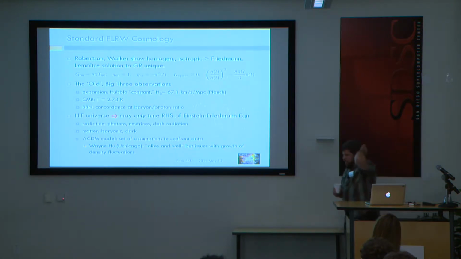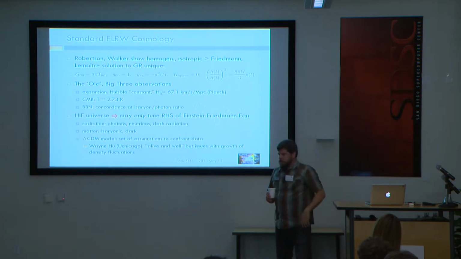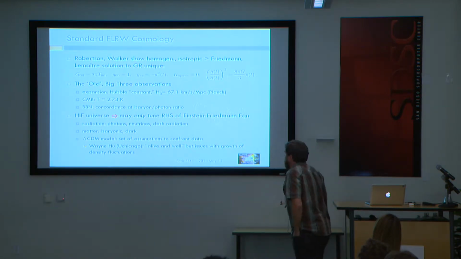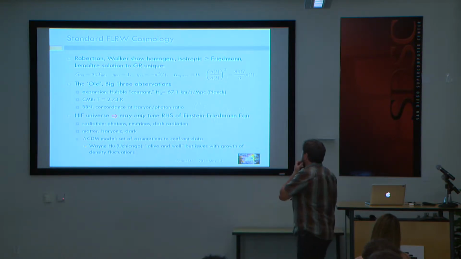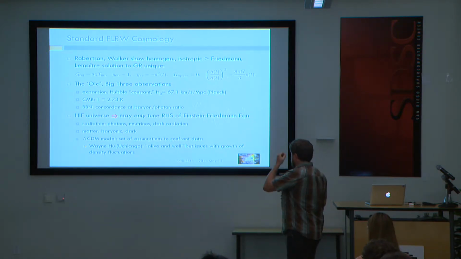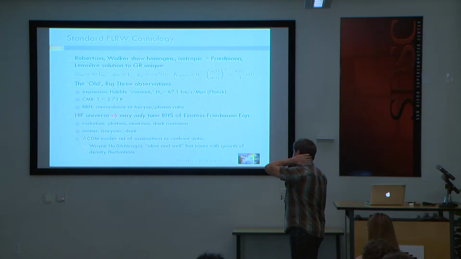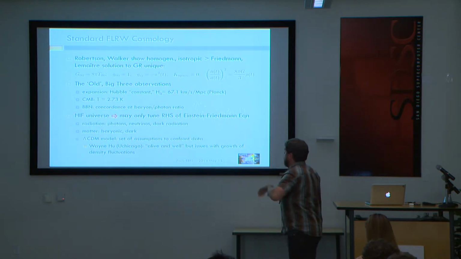Okay, so now let's talk about the theory of general relativity and how you solve it for the case of the universe, where you're assuming homogeneity and isotropy. Robertson and Walker, so the F is Friedman, the L is Lemaitre, RW is Robertson-Walker.